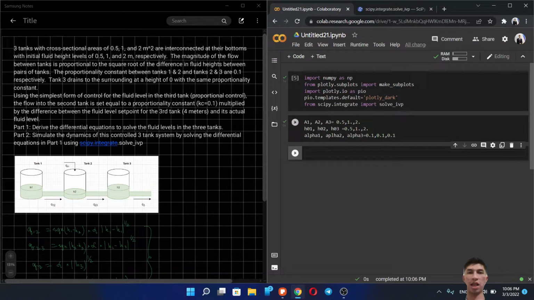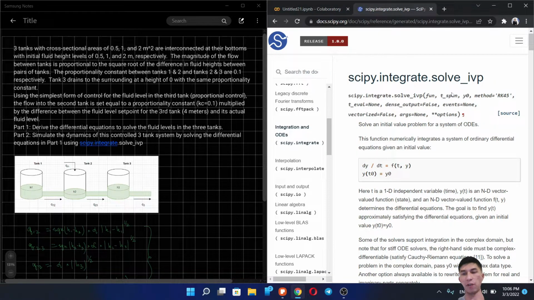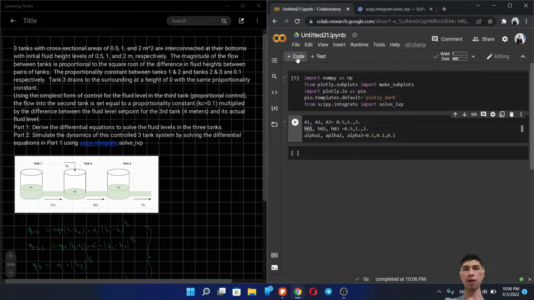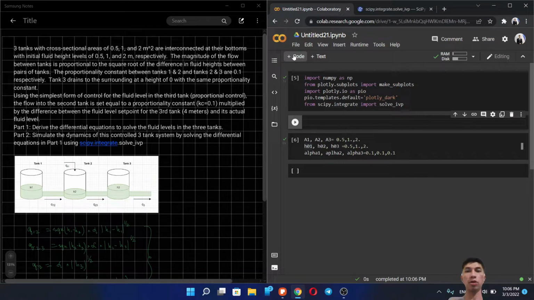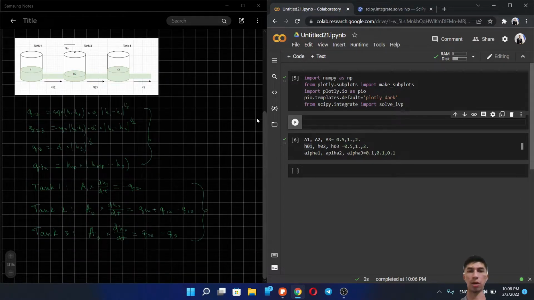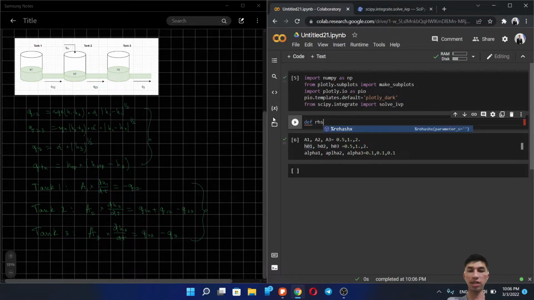Now, as we're going to use the solve IVP function, it has to take a function inside. So let's define a function that would return our differential equations. We can call it right hand side.